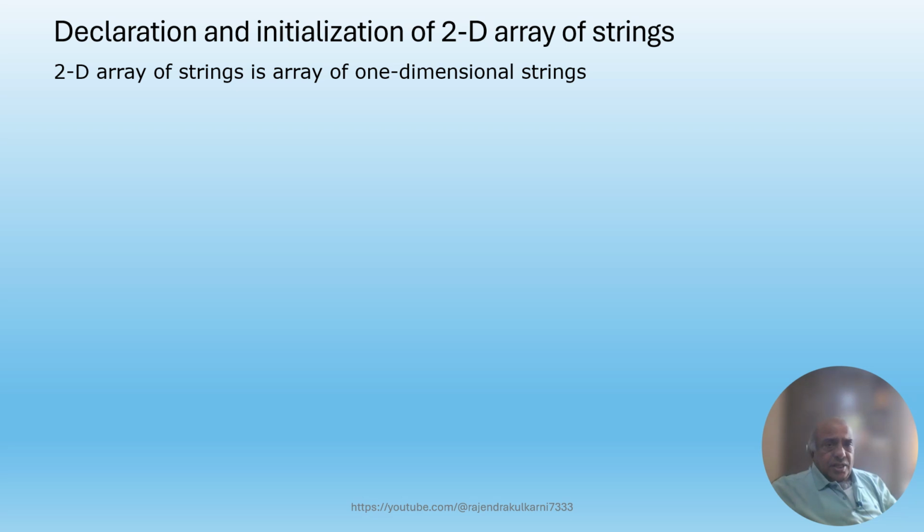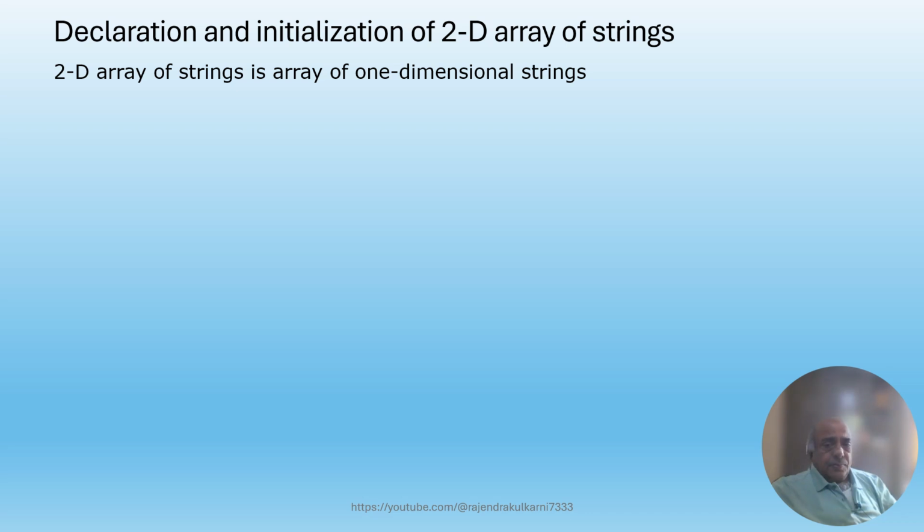A 2D array of strings is an array of one-dimensional strings. We have seen in the numeric arrays that a two-dimensional numeric array is a collection of one-dimensional numeric arrays under one name. We many times in earlier programs referred to two-dimensional arrays of ints or floats, and we can visualize those arrays as a table with rows and columns.